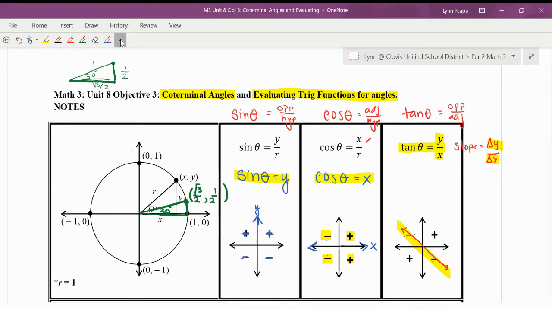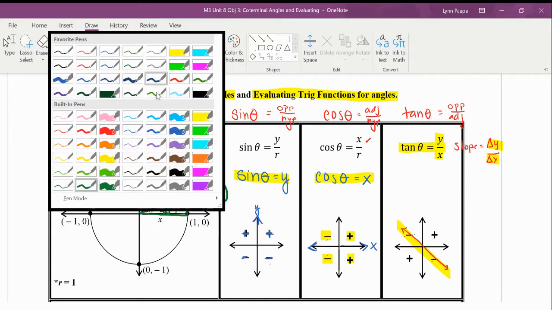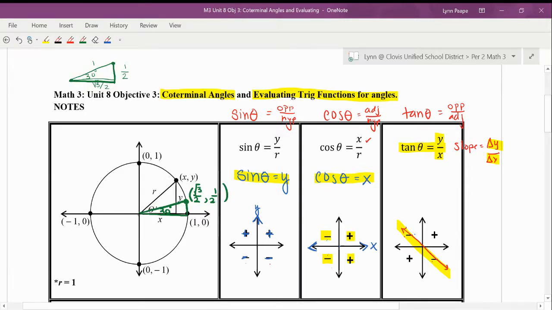So let's take a look at a 45-degree. What if we have a 45-degree line? Let's call this one 45 because that looks pretty close to being in the middle, right? So this will be our 45-degree. What would that ordered pair be? From our 45, 45, 90 special right triangle, we know across from that it was 1 over root 2 or root 2 over 2.